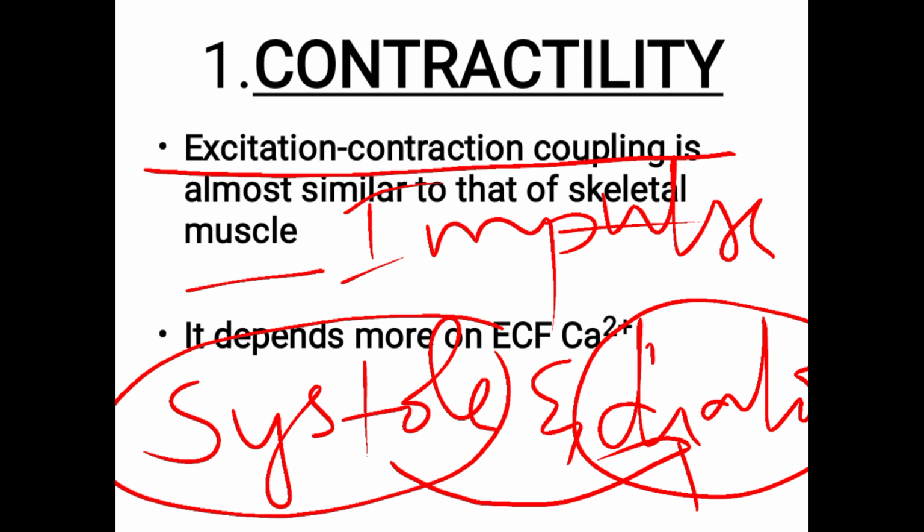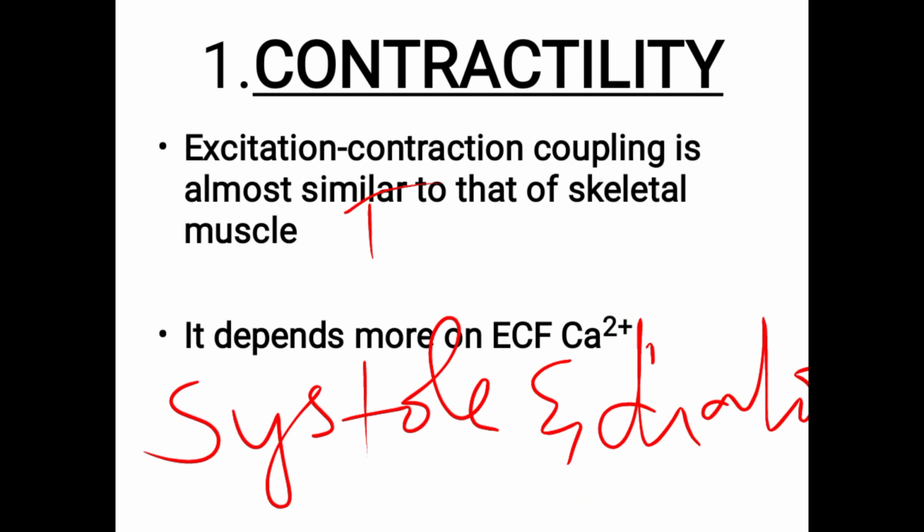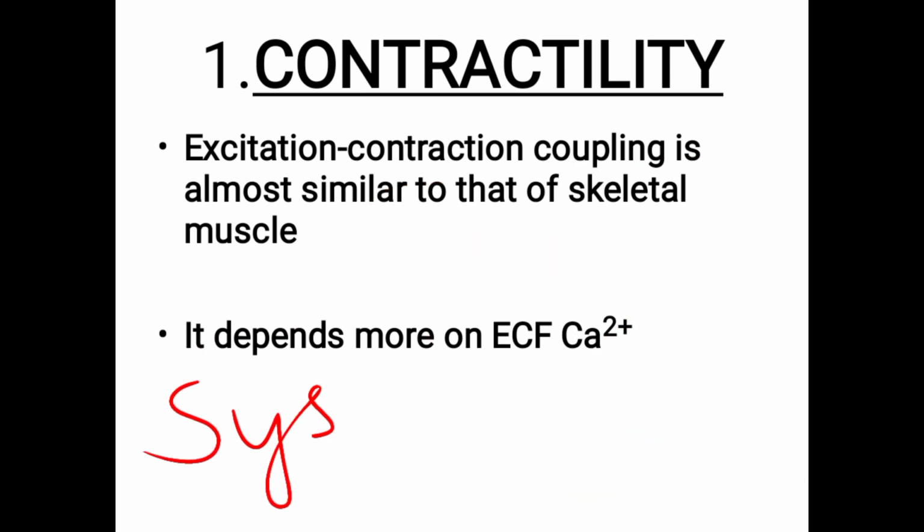Okay, so contractility, how? When the heart muscle receives the impulses, the SA node is generating those impulses, and through the conducting system it is passing and exciting the cardiac tissue.